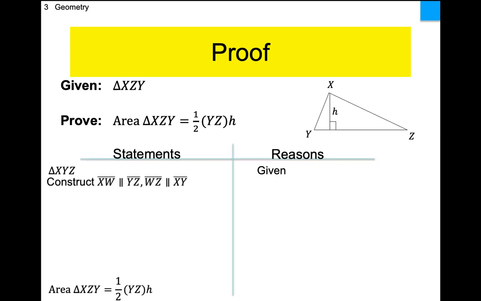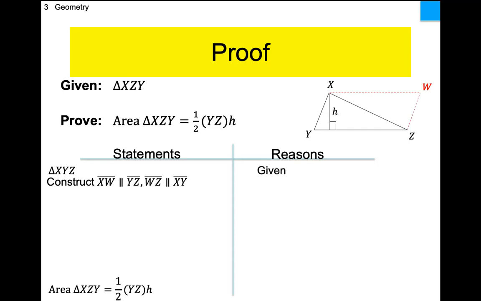As we did before, I'm basically going to make a new construction. I'm going to make it into a shape that I already know the formula for. So here's what I'm going to do. I'm going to make a line through X that is parallel to YZ. We just did that literally last chapter. I'm going to make another line that goes through point Z that is parallel to YX.